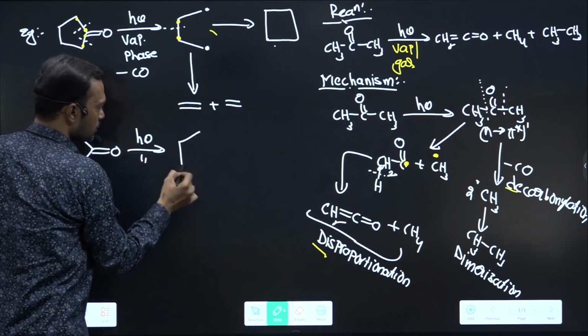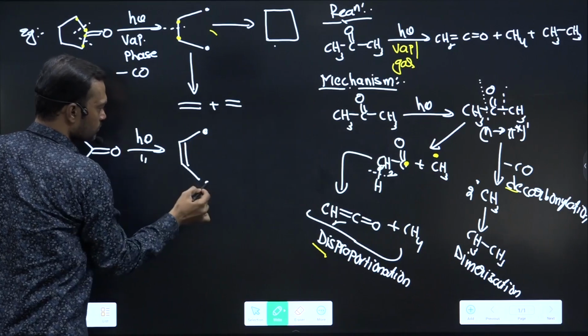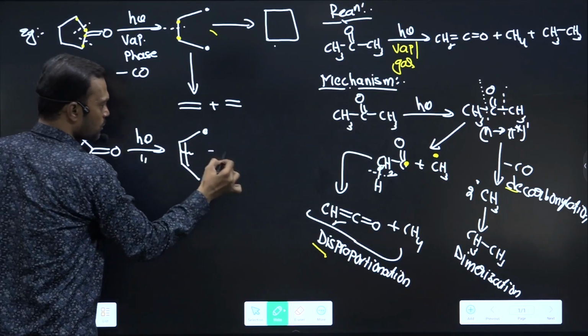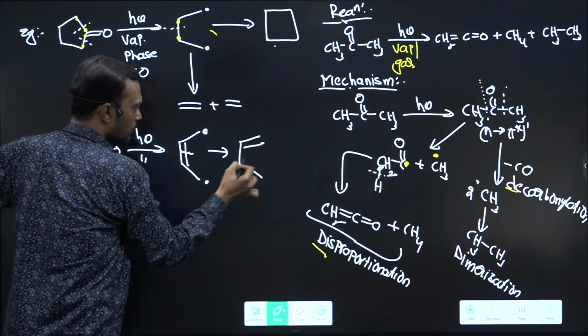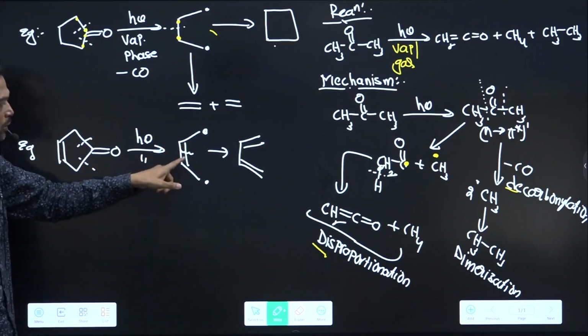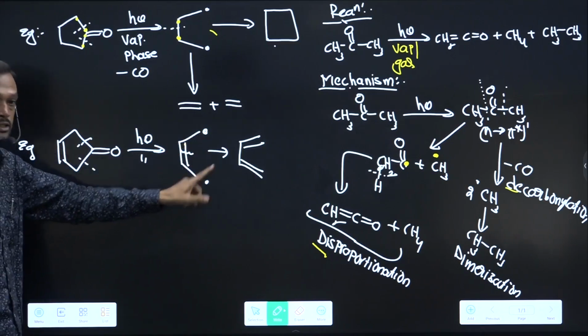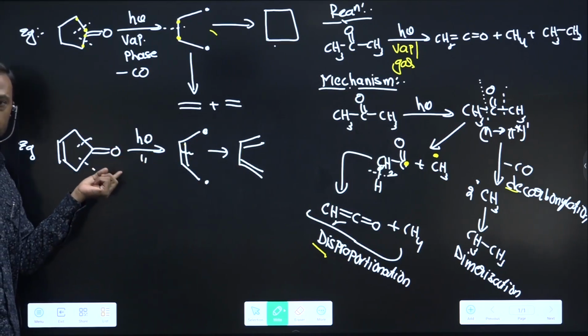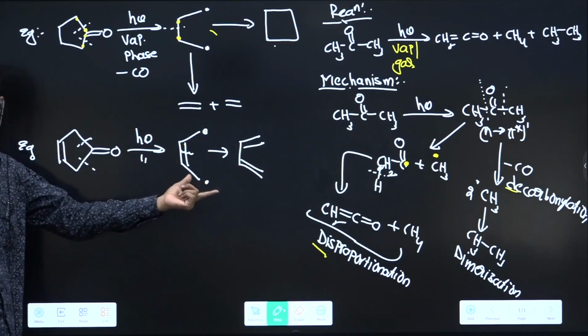Now, what is your answer? Can I remove CO? Remove this. Now loss of CO. Then break this bond homolytically. Then what happens? See, double bond, that is the answer. Break this, this radical forms a double bond, and this and this double bond, that is the answer. But ultimately, is it decarbonylation or not? Loss of CO followed by a stable product.